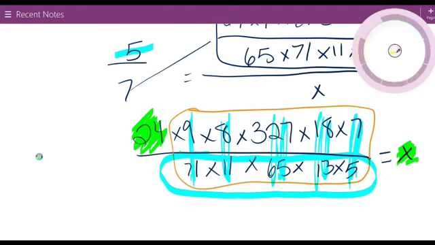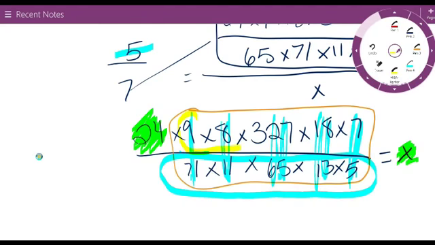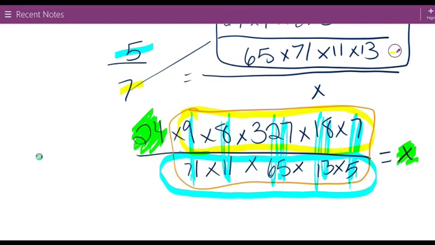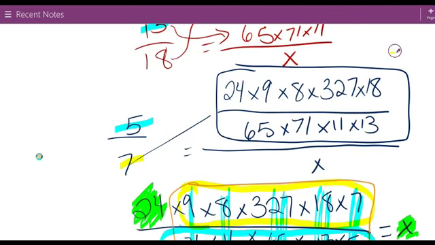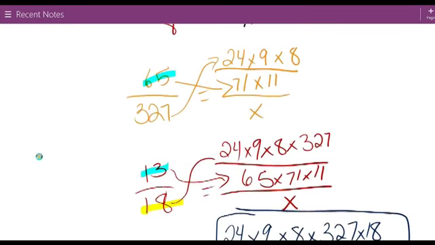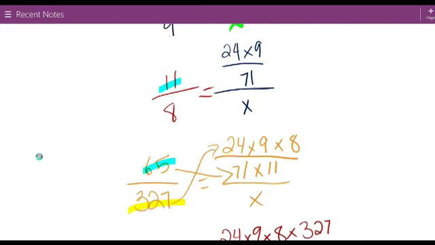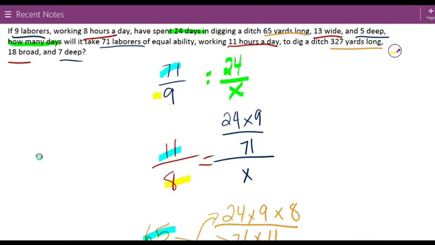And 9, 8, 327, 18, and 7 were all in our denominators.